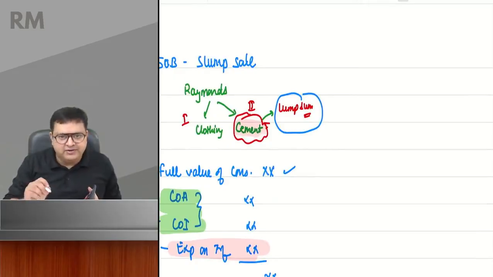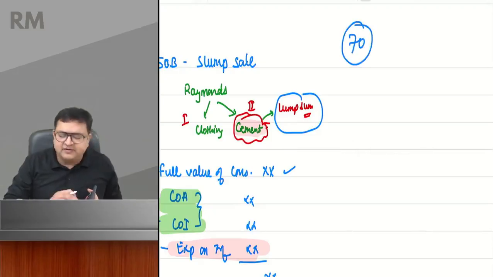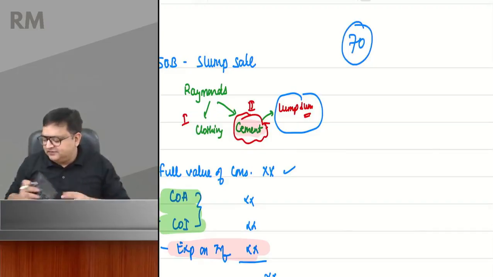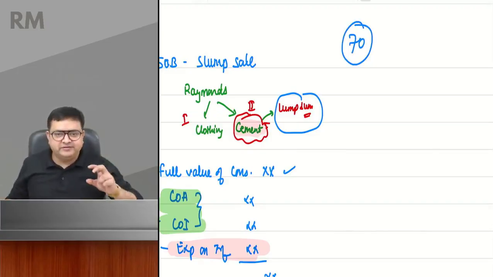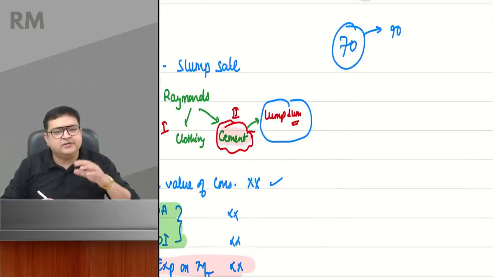I'll compute the worth of all the assets. Let's say the worth of all these assets which I have is rupees 70. And if I sell it at 90 rupees, it means 20 rupees is the profit I made.